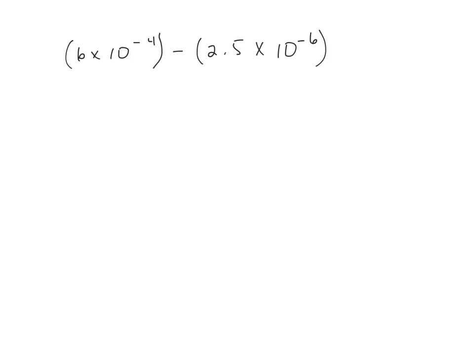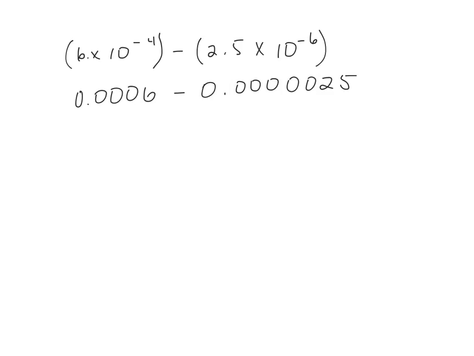So again, I put these each in standard notation. So I'm going to have to move this decimal to the left 4 spots, and I end up with 0.0006, and I'm going to subtract. I move this one 6 spots to the left, and I have 2 decimals there. Okay?